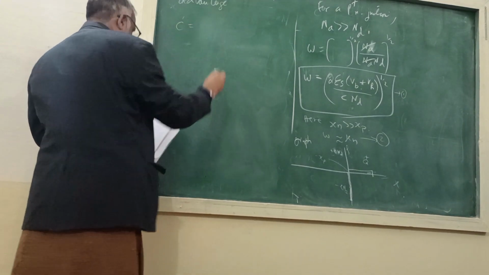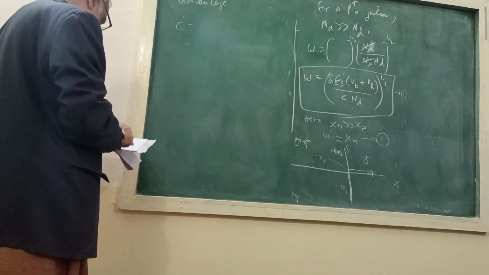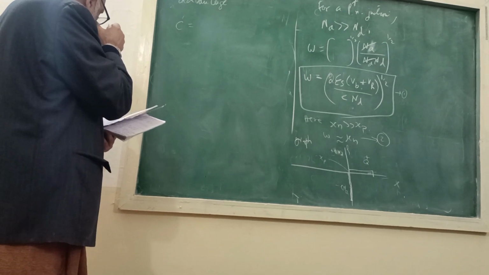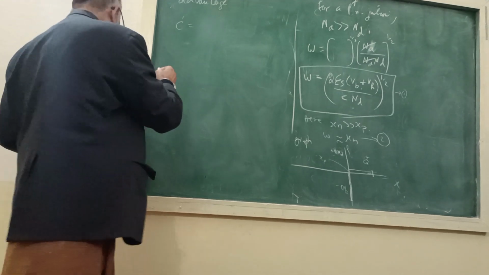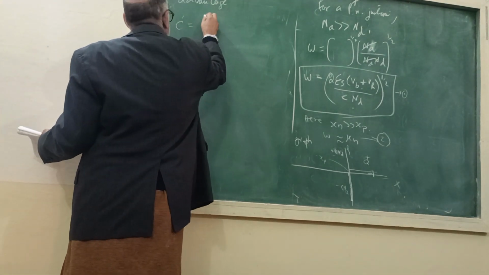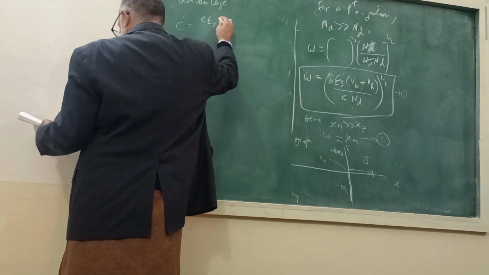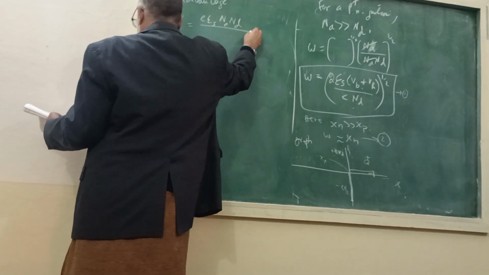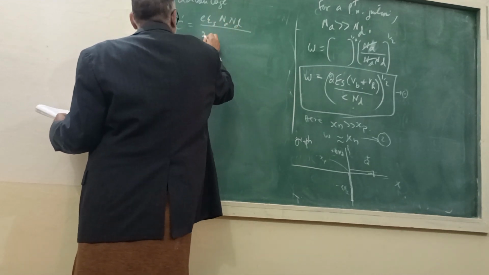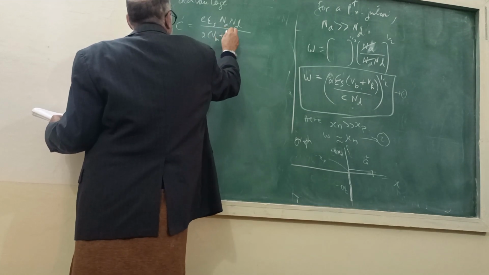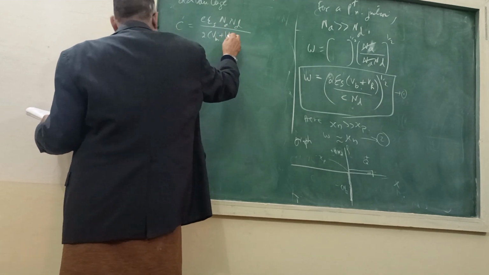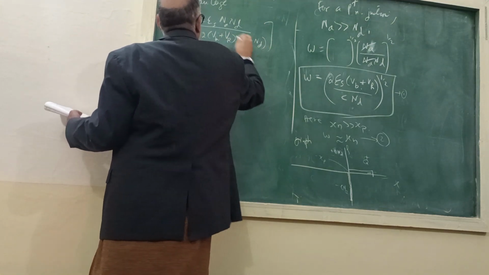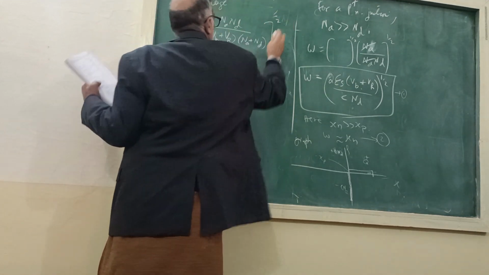C prime will be equal to the square root of epsilon S E N A N D over 2 (V BI plus V R)(N A plus N D).